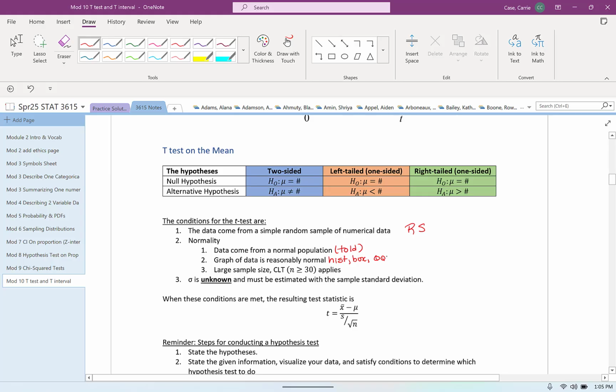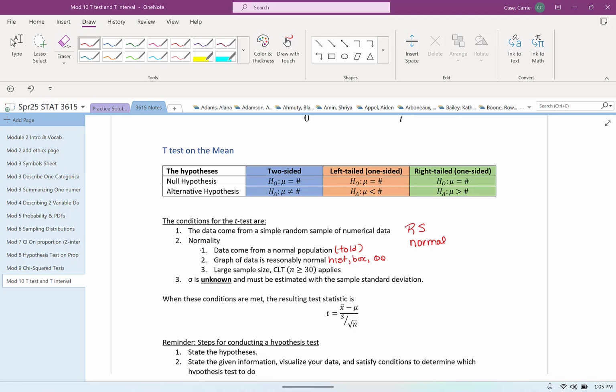And then we can also apply the central limit theorem. So if we have large sample sizes, the central limit theorem applies here when n is greater than 30. So we have to show that we have a random sample of numerical data. We have normality somehow. And by the way, I've given you 3 ways to satisfy normality. There are others. We just don't do them in this class.